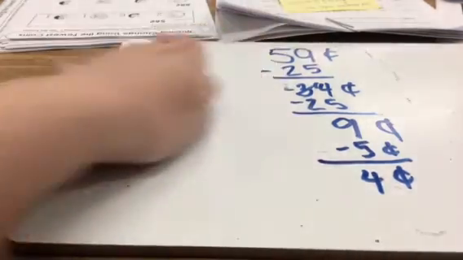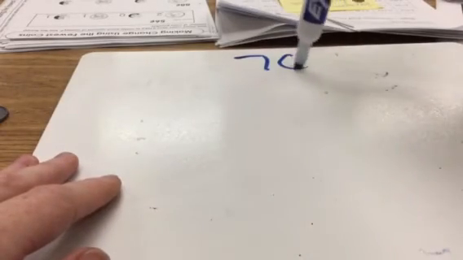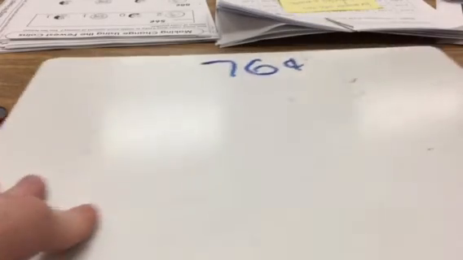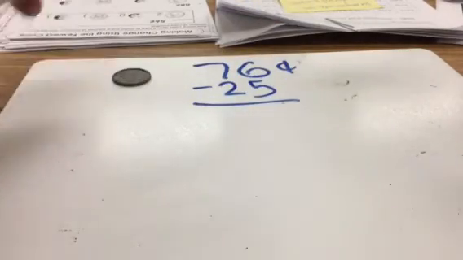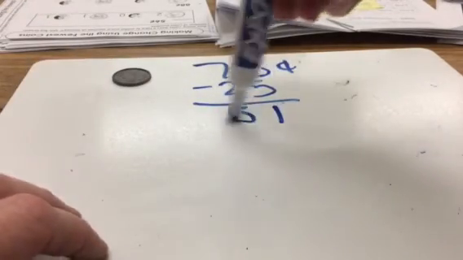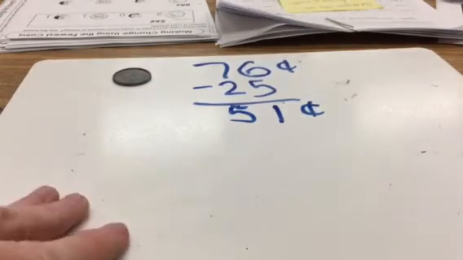Okay, the next one, 76 cents in 4 coins. Well, 76 cents seems like a lot, but it's a good thing I have coins that are worth a lot of money. I know that I'm going to have to start with my quarter. And I'm going to have 51 cents remaining. That's enough.